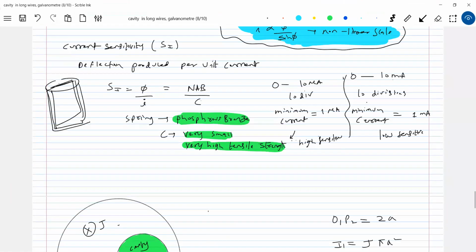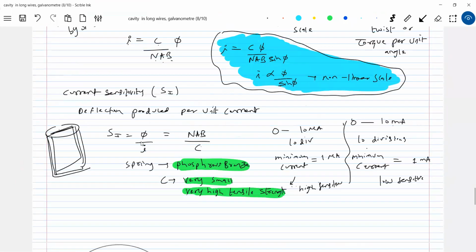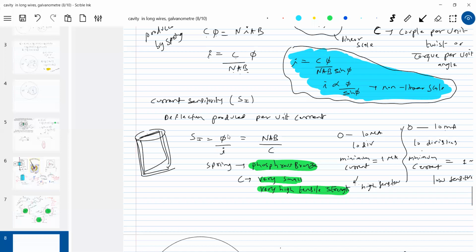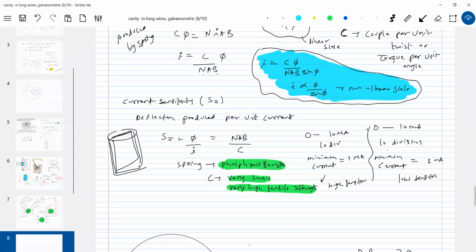Similarly, can we go for voltage sensitivity?